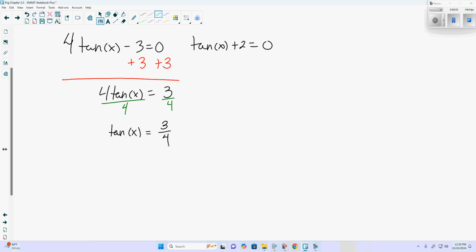Now, since 3/4 is not on the unit circle, our x is equal to arctangent, our tangent inverse of 3/4.